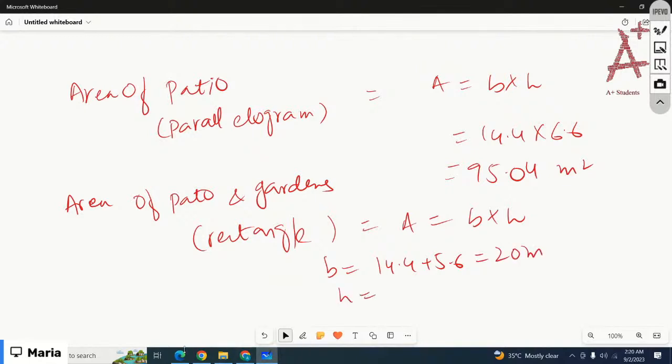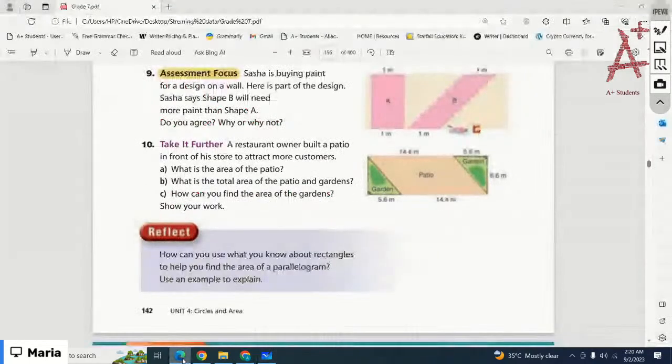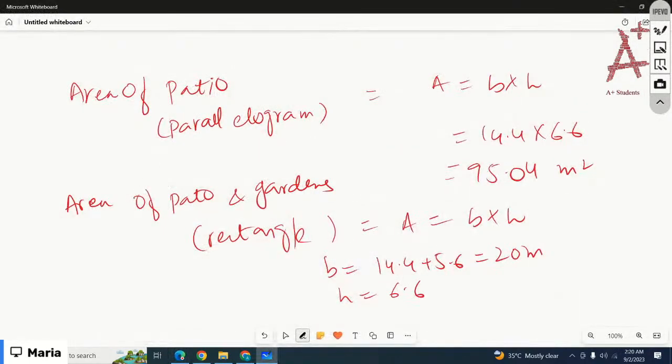And the height is 6.6. Just multiply them, 20 times 6.6. That is the area of the rectangle. So it would be 132 meters square, right? That is the area of the patio and the gardens.